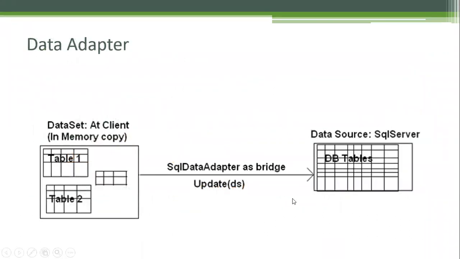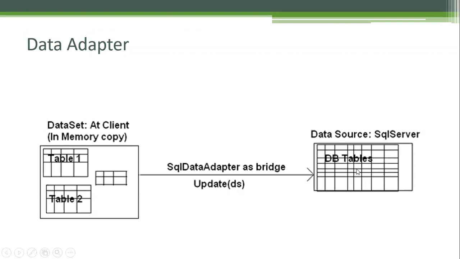Okay. So if you see, I'm calling some query from a C# program. So this is my client. So dataset is an in-memory copy. Table 1, table 2, like this I will have. So when I use SQL data adapter to get the data from the database, SQL Server is a data source, SQL Server database.